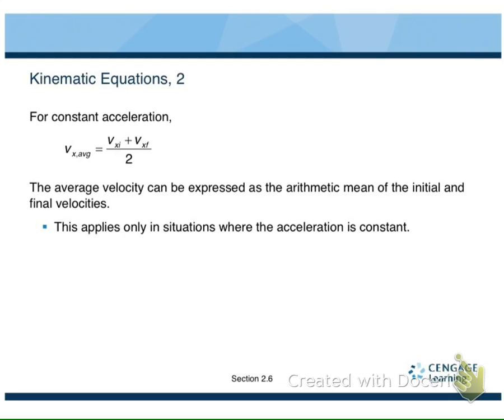For constant acceleration, we can prove that the average velocity is equal to the initial velocity plus the final velocity divided by 2, or a half of the summation of the initial and the final velocity. Okay, we can show this using the kinematic equations.